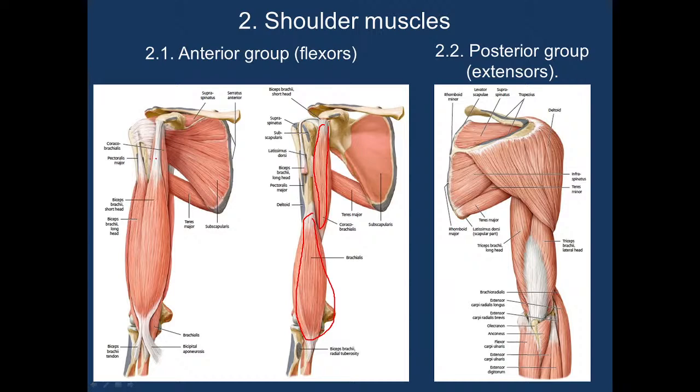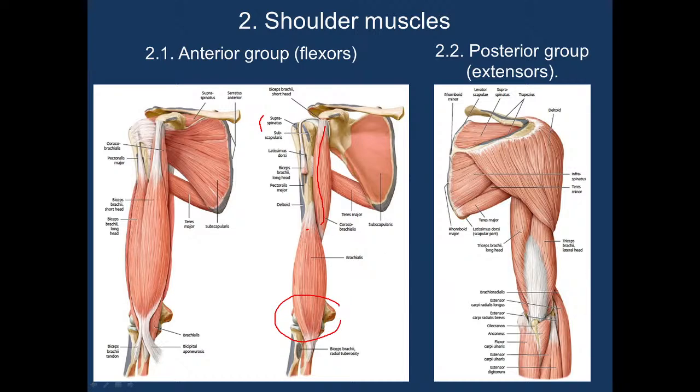Biceps moves the upper limb in the shoulder joint as well as in the cubital joint, but coracobrachialis is a one-joint muscle. It flexes the shoulder in the shoulder joint, but brachialis is the flexor for the cubital joint.